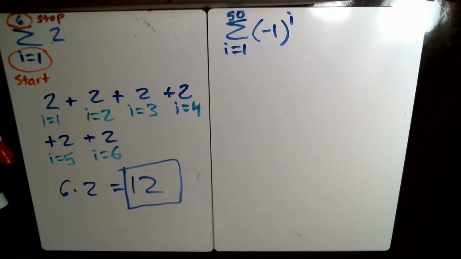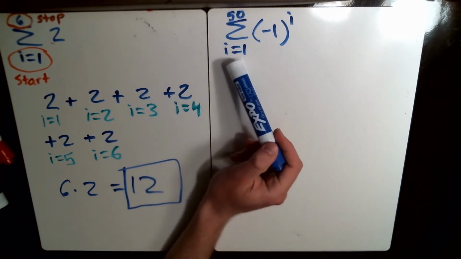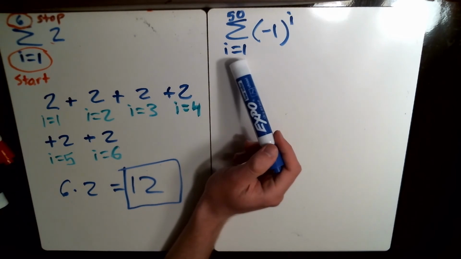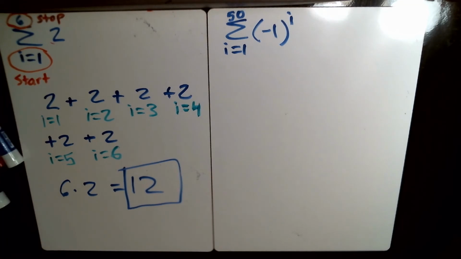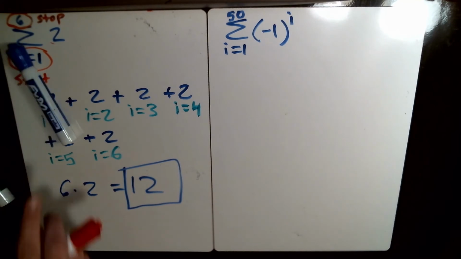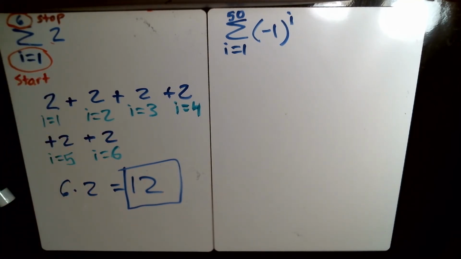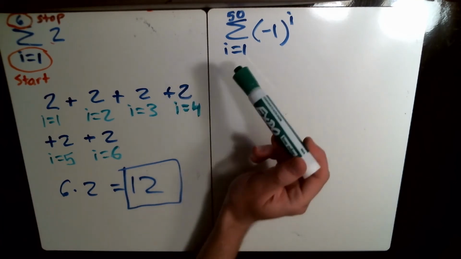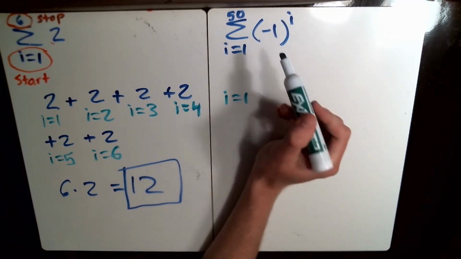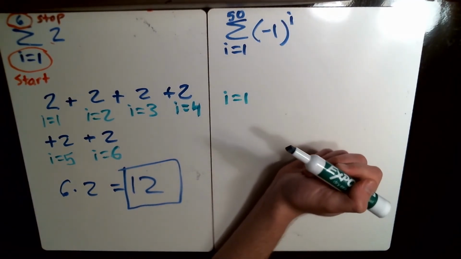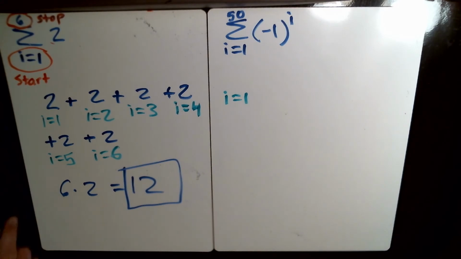So this one is kind of nasty because the start place is at 1 and the stop place is at 50. So we're adding up 50 numbers here, which is kind of crazy. But let's just kind of write out the first couple and we'll see kind of what's going on here. So when I plug in 1, what happens? When I equals 1, we get -1 to the +1 is -1.